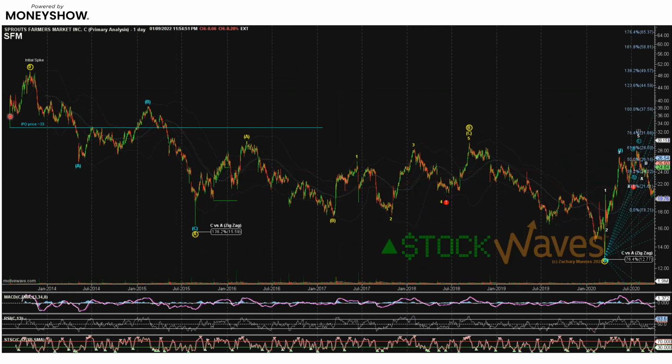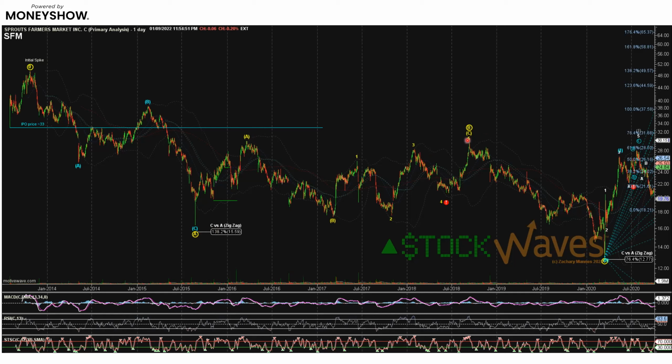Sprouts, again, initial IPO price around 33 is when it started trading. I say IPO price, but I mean where it started on the exchange. It got that initial spike higher, and then a larger ABC move down, taking it into the 16 region, 16.40 in the August 2015 low. That never really yielded a very clearly bullish pattern off of that low. Holding a higher low here, we were looking for at least a measured move up as a larger ABC.